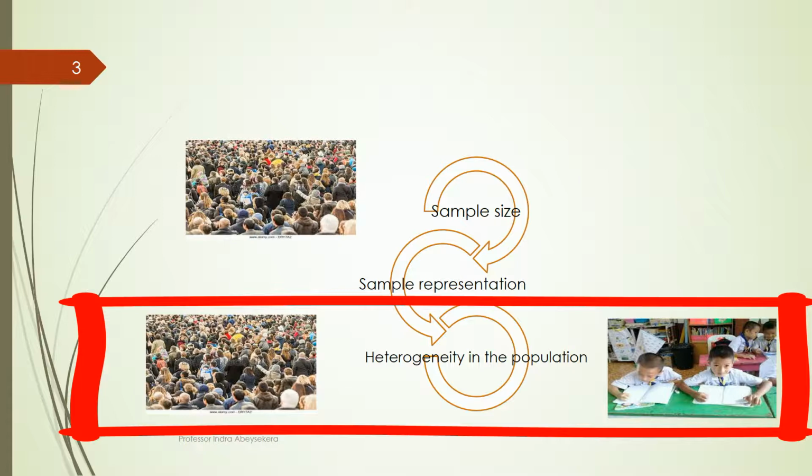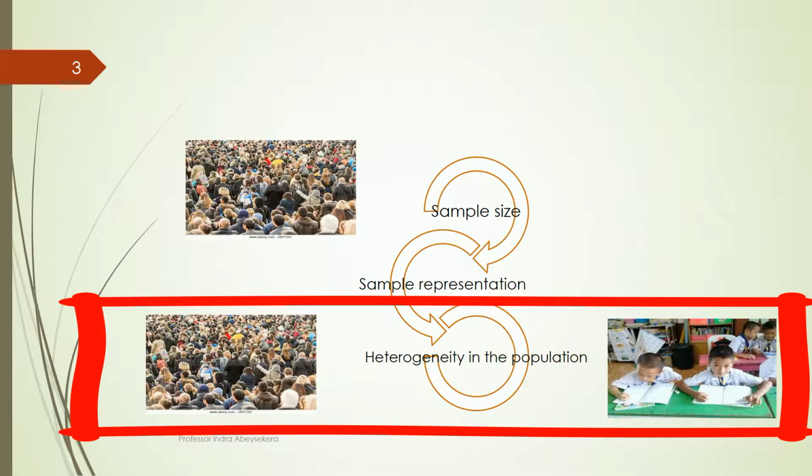If you go to a large population gathering, such as a concert or election meeting, where there are lots of people, there's heterogeneity in that population. So taking a sample from that population becomes less representative.